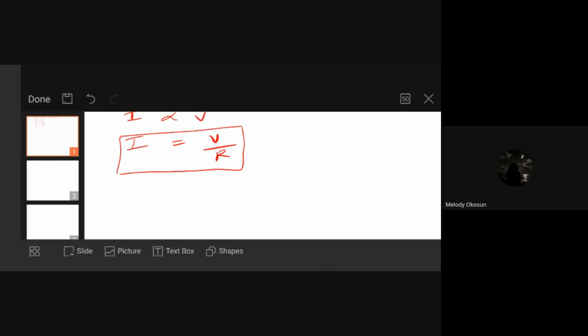That I varies directly as V. And if I write this equation another way around, I can say that V is equal to IR. So either of these is Ohm's law, where V, don't forget, is my potential difference in volts.